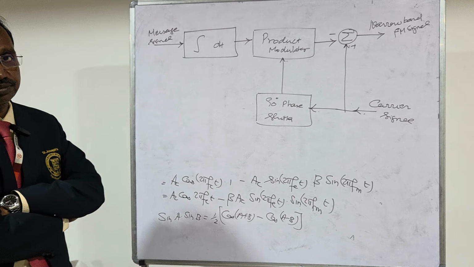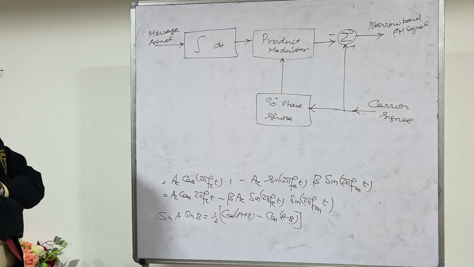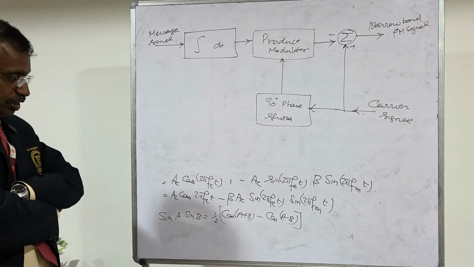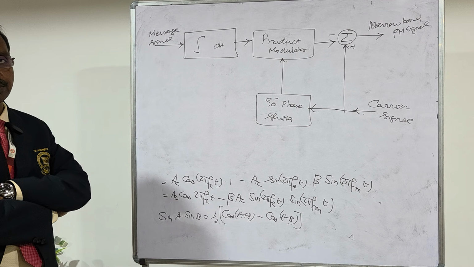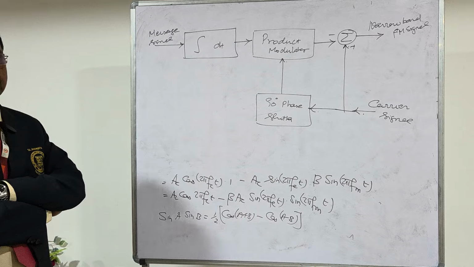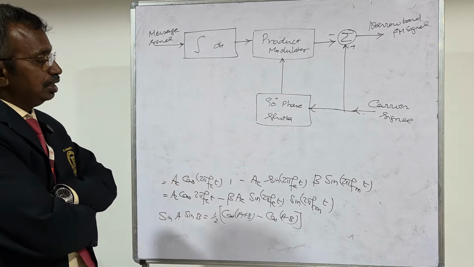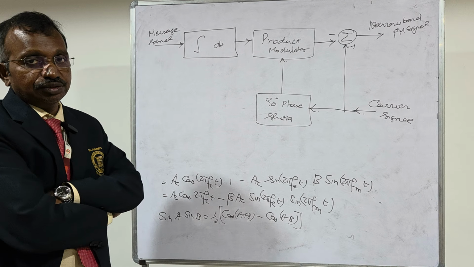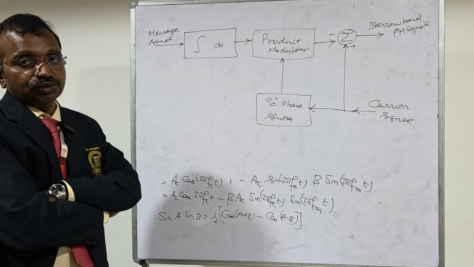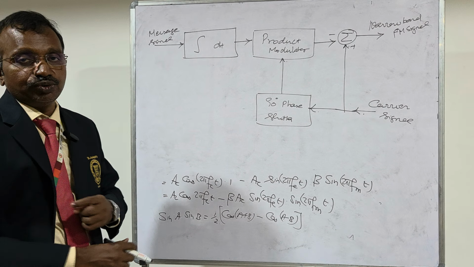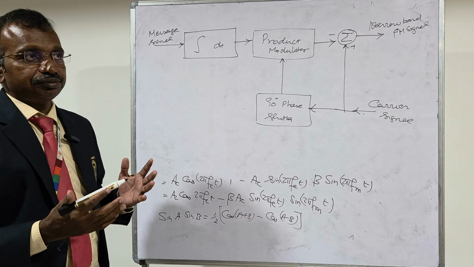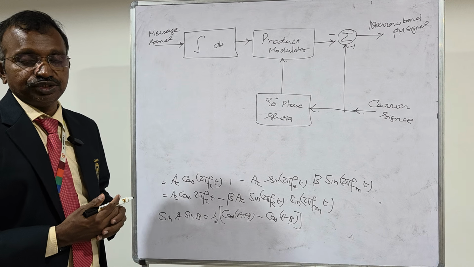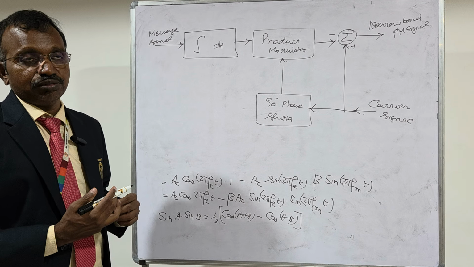Right. So FM is the form of modulation scheme in which the frequency of the high frequency carrier signal is varied in accordance with the instantaneous amplitude of the message signal. And here there are two types of FM signal depending upon the modulation index beta.